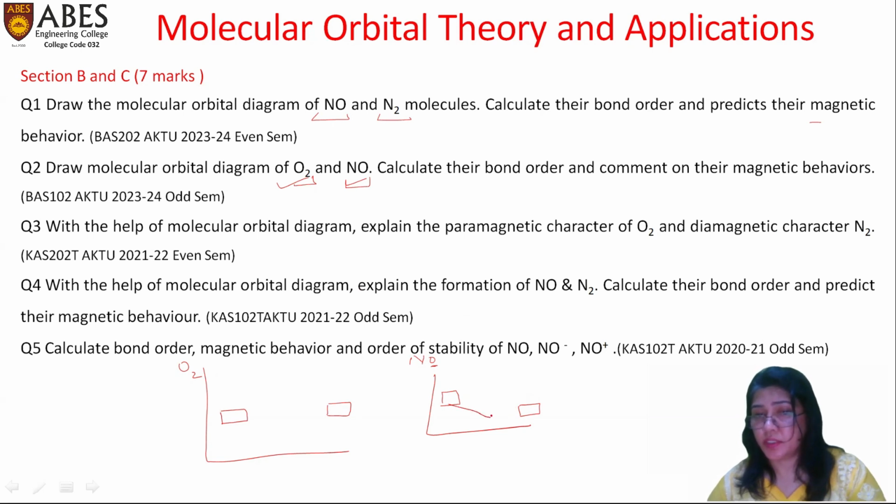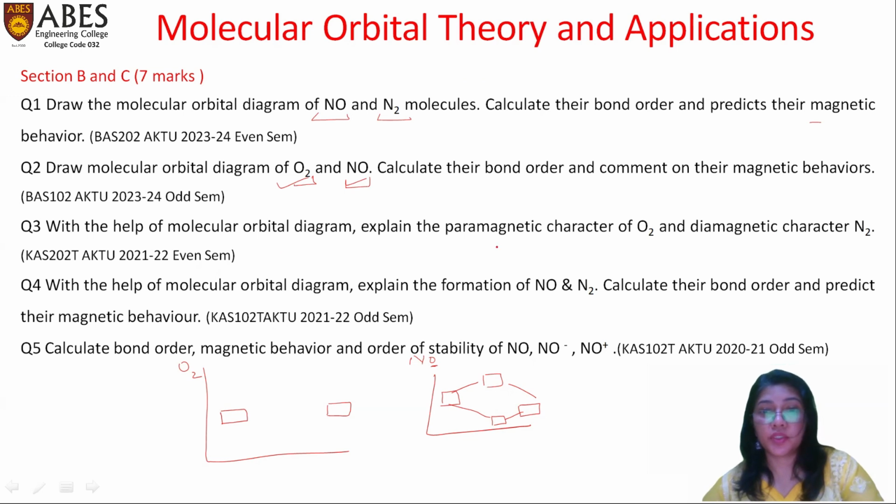Then, as per the postulates of molecular orbital theory, the bonding molecular orbital will be at a lower energy level than both atomic orbitals, and the antibonding orbital should be above both. These postulates have been discussed in lecture video 4, unit 1 of the ABES CETL videos.